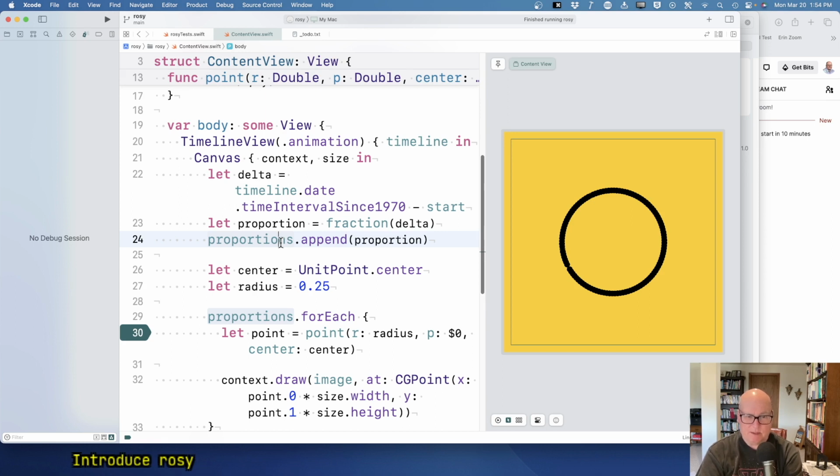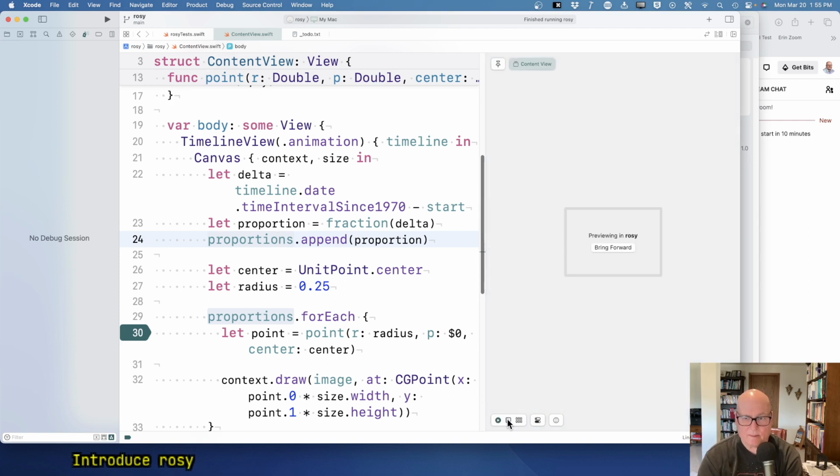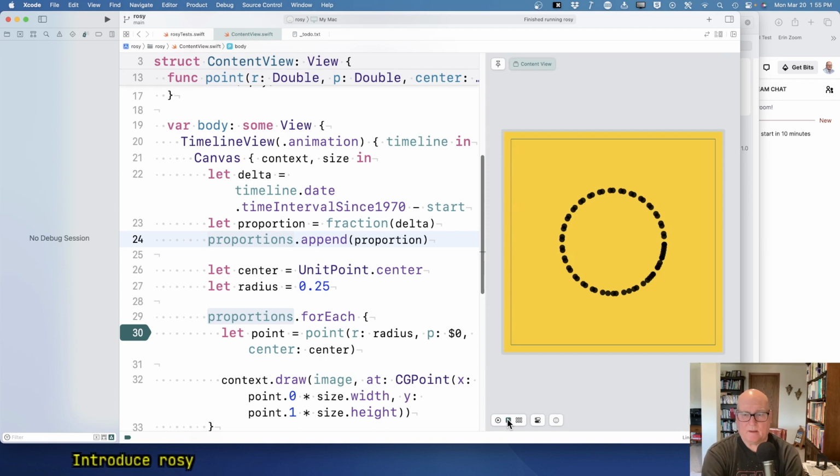So in principle, if this was drawing 60 points a second, it would draw the whole circle in a second. That might have been a second. Okay, I buy it. All right.